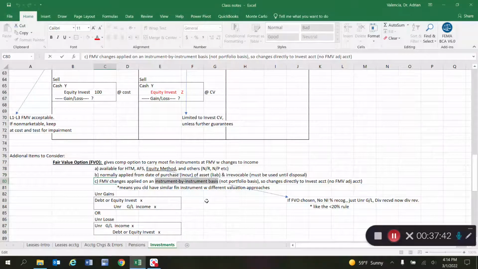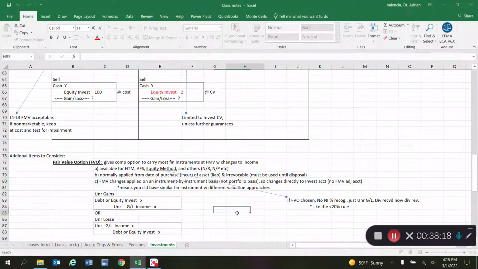So if you contrast with what I said a few minutes ago, where if we use the portfolio basis, we have a fair market value adjustment account that just sort of tracks everything overall in terms of increases and decreases, and it nets it. If we choose the fair value option, we cannot group things together. We have to actually analyze every instrument on its own, and the changes will be directly into that investment account for the one you chose, the fair value option.